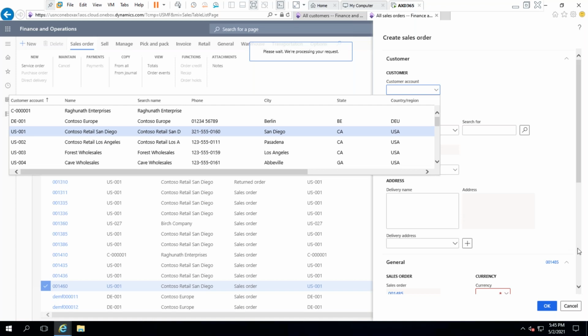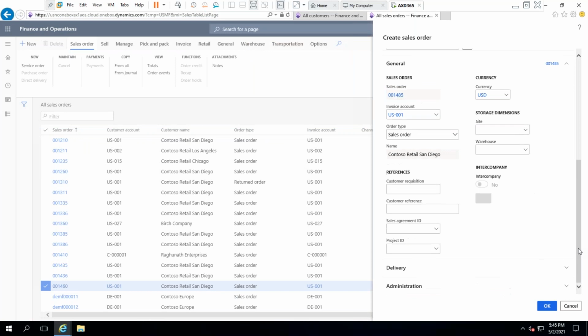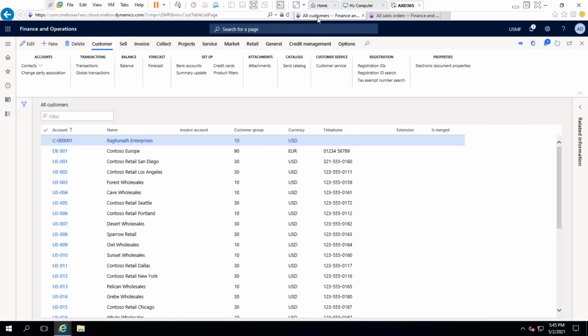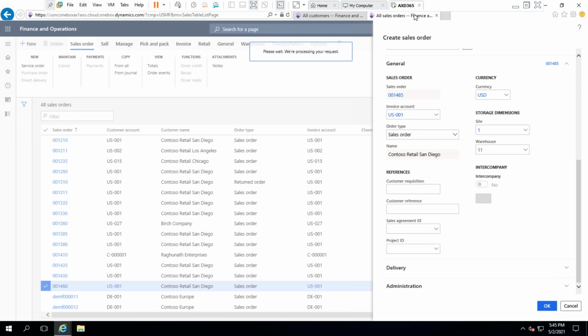If you select US001, selecting site and warehouse, click OK. So because that feature is enabled, I have enabled. Now I'm creating a sales order and I'm proceeding. So I will get the same error message.